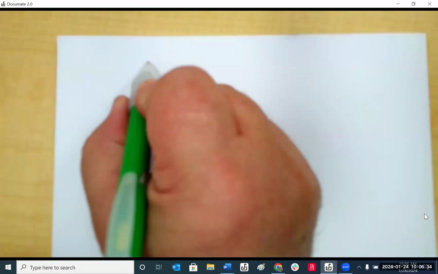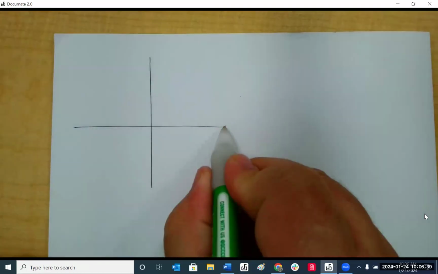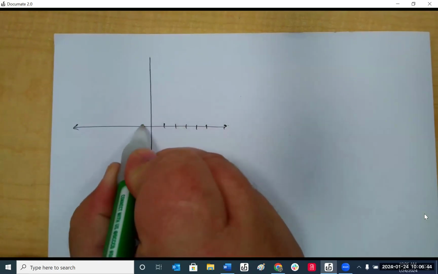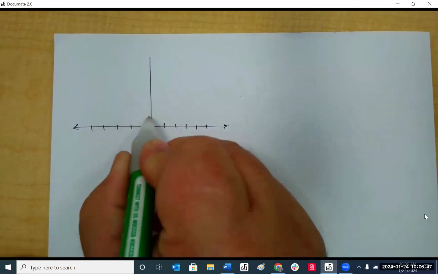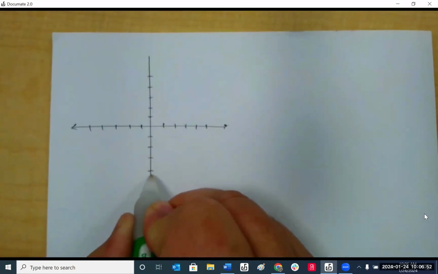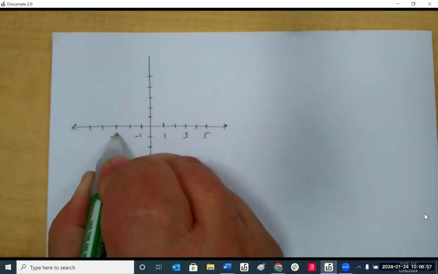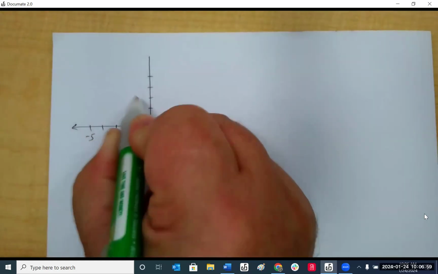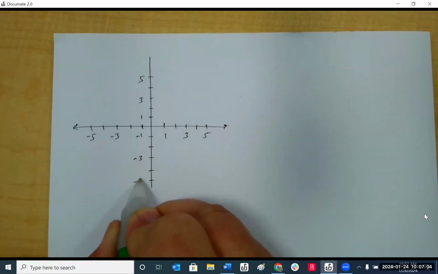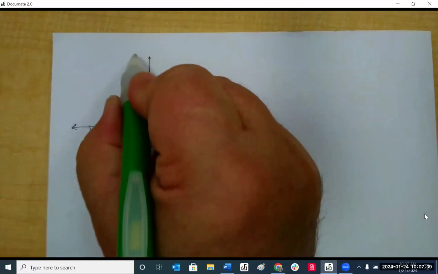What can we do? 5, -1, -5. This is the x-axis. This is the y-axis.